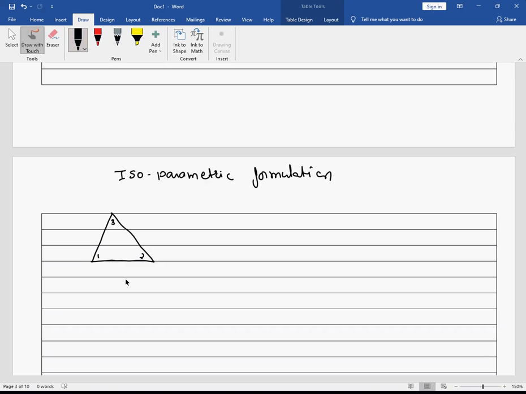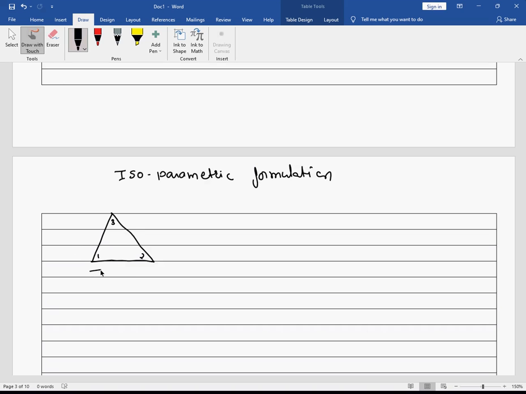So according to that, 1, 2, 3 for an element will be local, and then you could have Q5, Q6, or maybe a larger number of displacements which form the global coordinate system. You'll understand slowly what I mean to say. Just like in a truss, 1 and 2 has to be the local one.